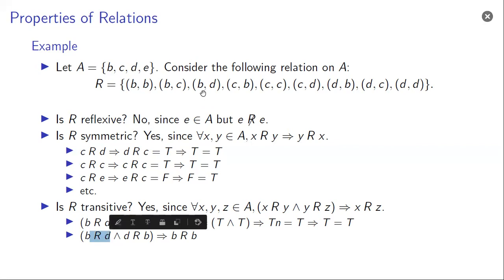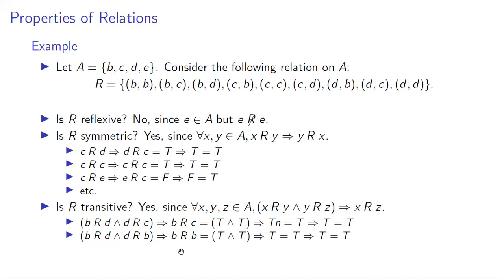B is related to D. Yes, here, B is related to D. Is D related to B? Yes, it is true. Now, is B related to B? Yes, it is. So we have if true and true, then true, which equals if true, then true, which equals true. So this statement is true.